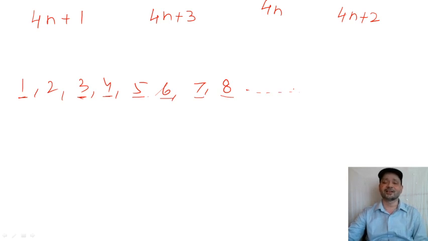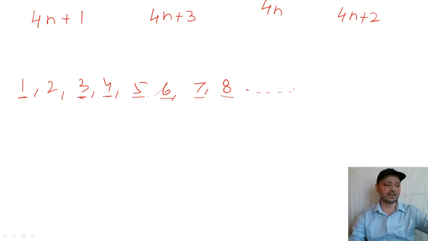This is important when you do arithmetic calculations. Depending upon the placement of digits, which digit is on the unit place and which digit is on the 10th place, you can have an idea whether it is of 4n plus 1 or 4n plus 3 type of odd numbers, or 4n or 4n plus 2 type of even numbers.